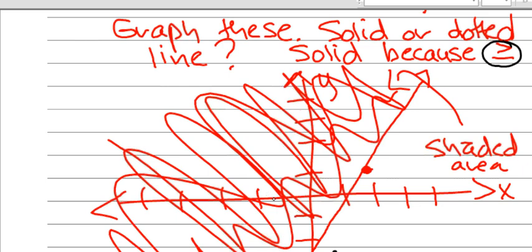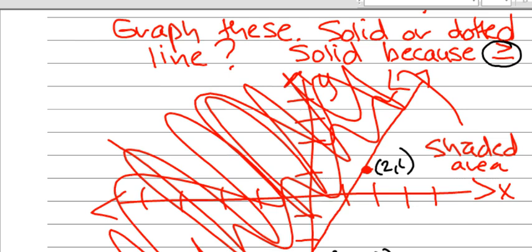So here is 0, -3, and here is 2, 1. And since it's greater than or equal to, connect these 2 points with a solid line.